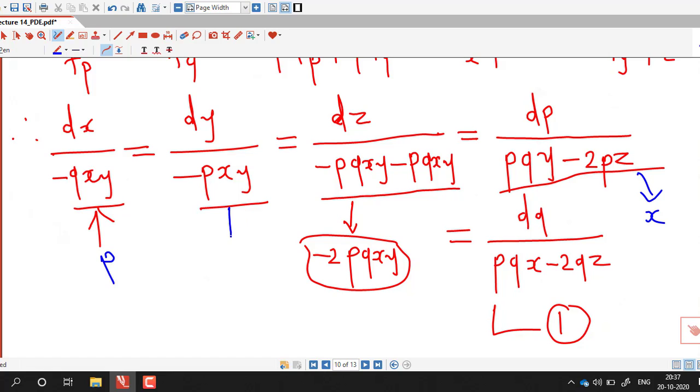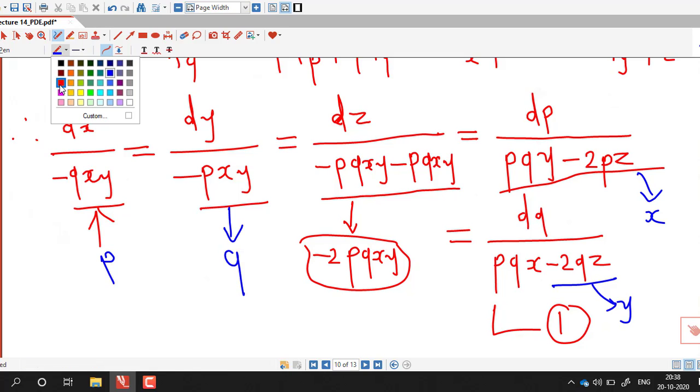Similarly, we will multiply this by q, and this last fraction will be multiplied with y. So here also pqxy will cancel out, and the numerator of the generated fraction will be q dy plus y dq, and then we will compare those two newly generated fractions.